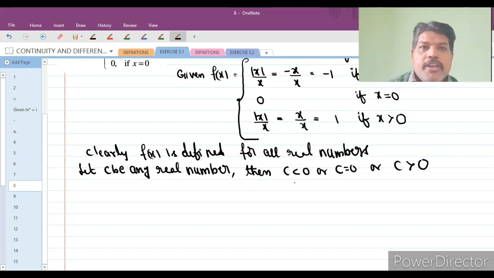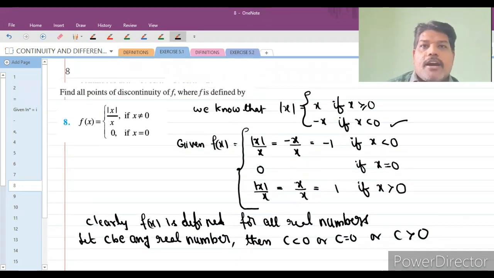Three cases arise because we defined x less than 0, x is equal to 0, and x greater than 0. So in this case, we have to calculate where the given function is discontinuous. That is the condition they are asking.